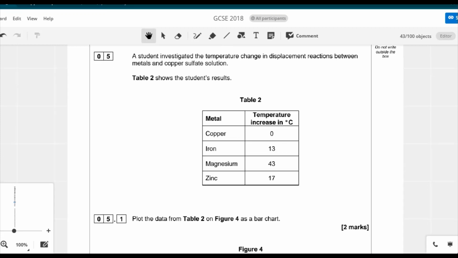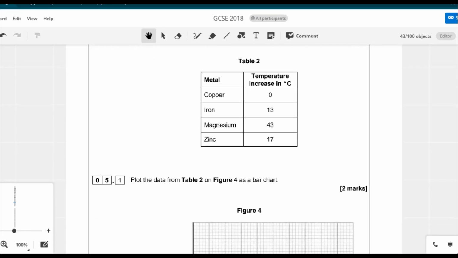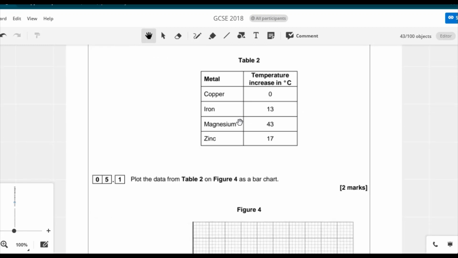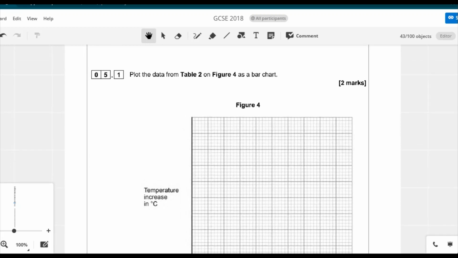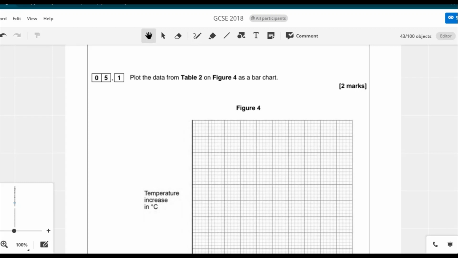Okay, next is question number 5. A student investigates the temperature changes in a displacement reaction between a metal and copper sulfate solution. The table of temperature changes is given. Now the question is to plot the data from table 2 on fig 4 as a bar chart.